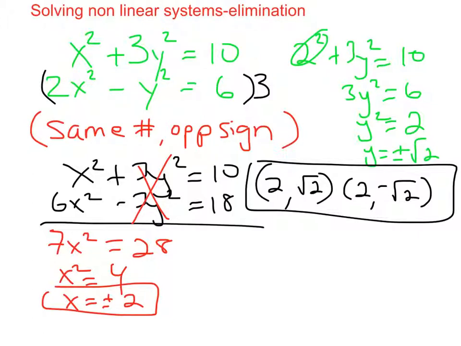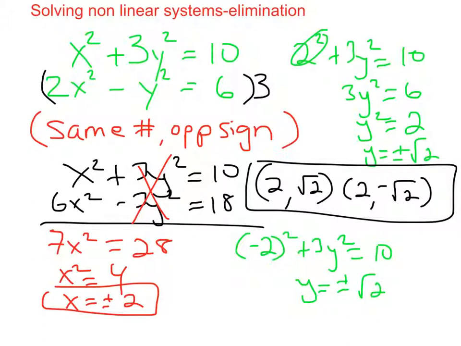Now I have to do negative 2 for the x value. If I plug in negative 2 squared plus 3y squared equals 10, well, isn't the negative being squared still positive? So this is not going to change, and I end up with y equals positive and negative square root of 2.